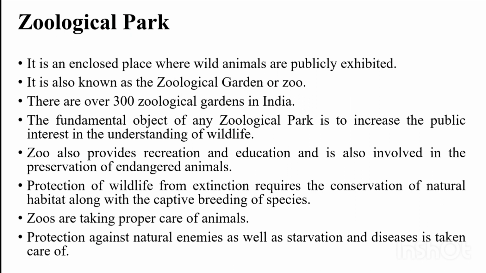It also provides recreation and education, and is also involved in the preservation of endangered animals. The animals which are facing the threat of extinction are endangered animals. Protection of wildlife from extinction requires conservation of natural habitat along with the captive breeding of species. So it is all about the zoo.